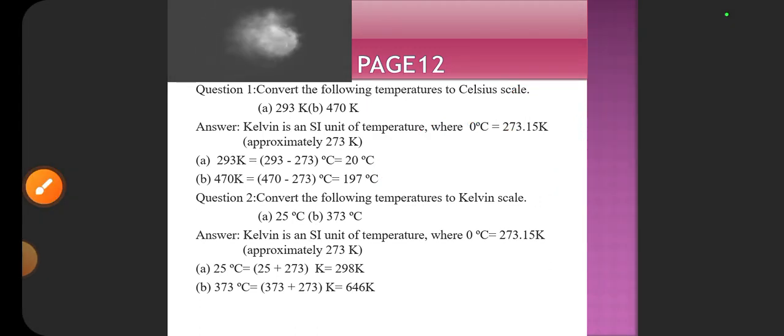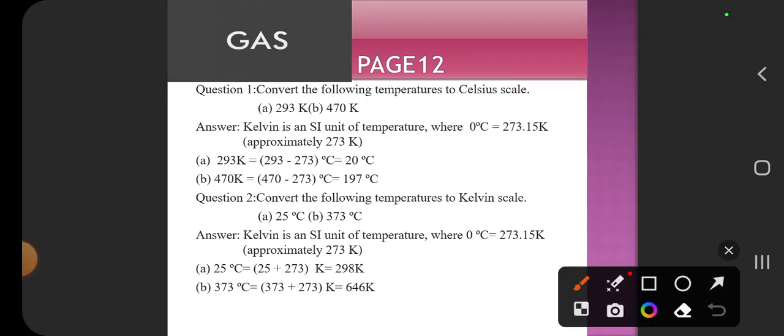So if you want to convert 293 Kelvin into Celsius, we subtract 273 from 293 and we get 20 degrees Celsius. Similarly, for 470 Kelvin, subtract 273 and we get 197 degrees Celsius.